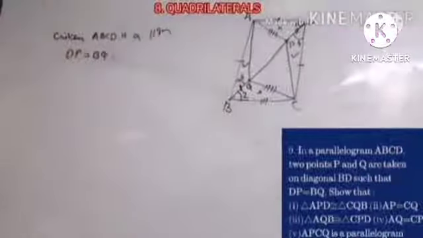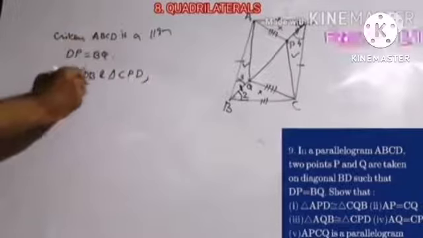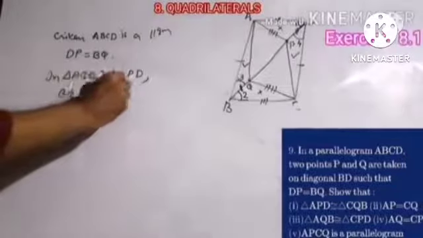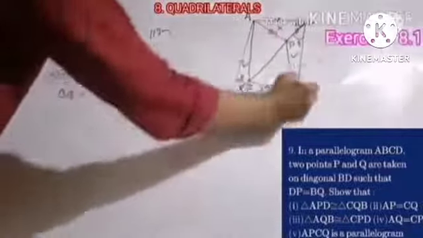So the triangles are congruent by SAS congruency. In triangle AQB and triangle CPD, first use this one: BQ equal to DP. That is given. Then AB equal to CD.